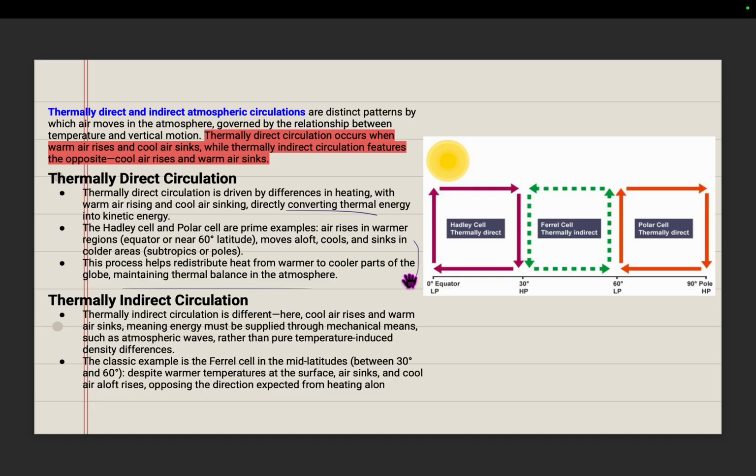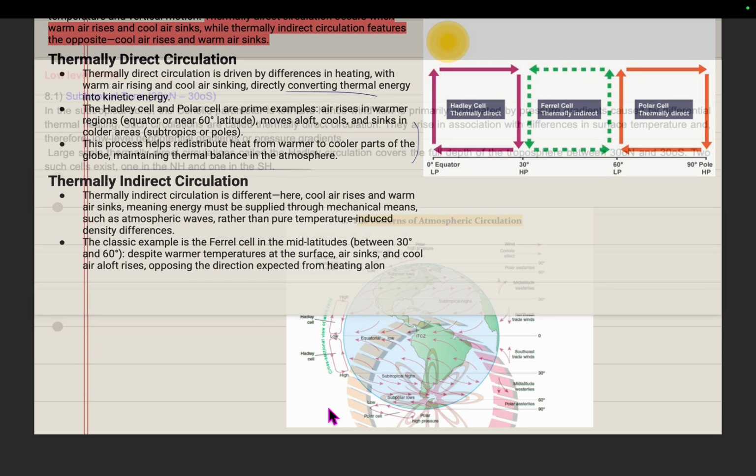It means there must be some external energy supplied by external means, like atmospheric waves, rather than purely temperature induced density differences. The classic example is the Ferrel cell, observed between 30 and 60 degrees. Despite the warmer temperature here, the air sinks here, but at 60 degrees the cooler air rises. So this opposes the thermally direct circulation.